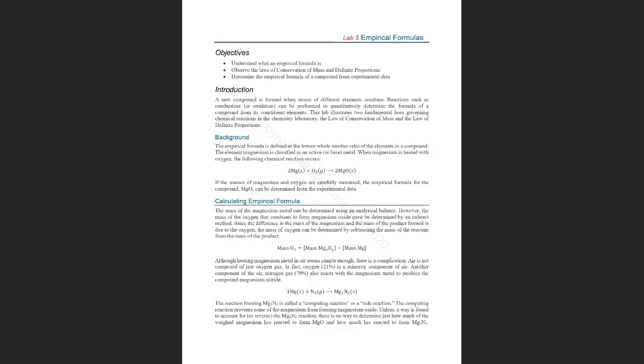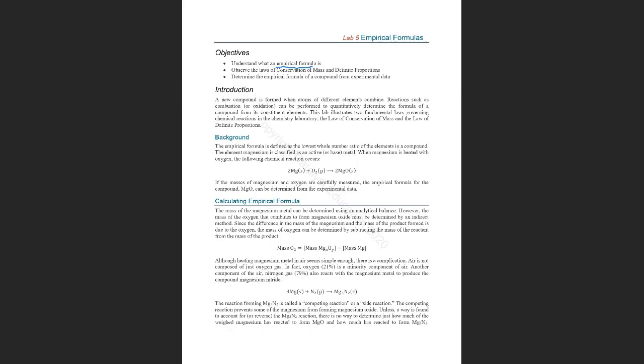So this week's experiment is empirical formulas. The objective of today's experiment is mainly to understand what is an empirical formula.